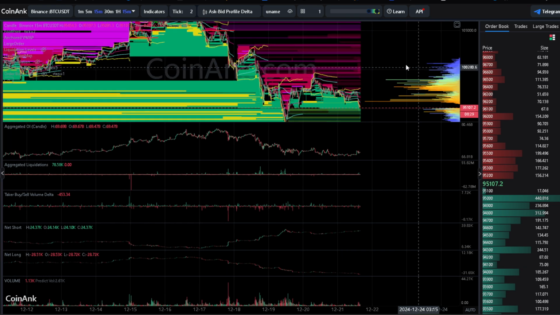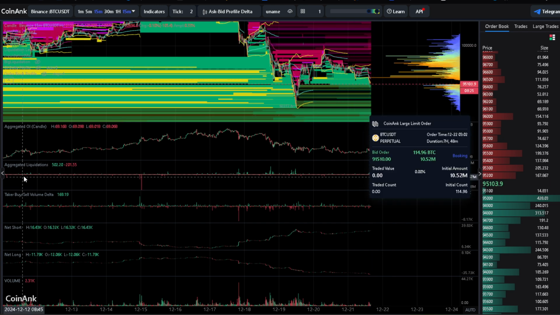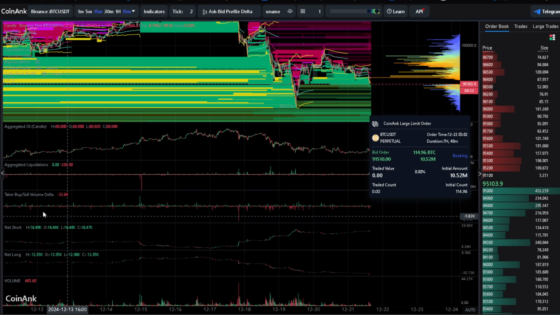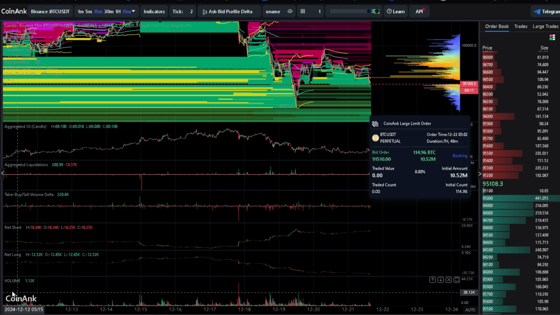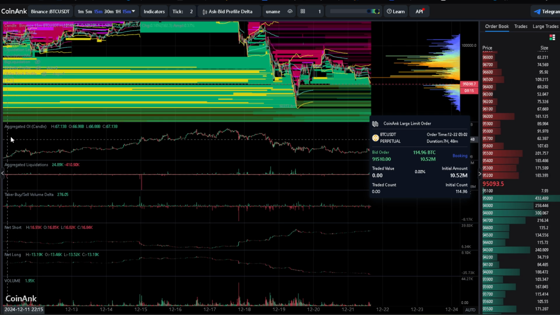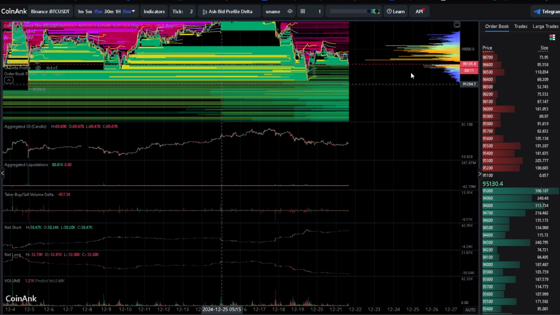One thing I've got to say here is I haven't been looking at the liquidations. I haven't been looking at the taker buy sell delta. I haven't been looking at net short, net long, volume. I haven't looked at any of this to call all of this.